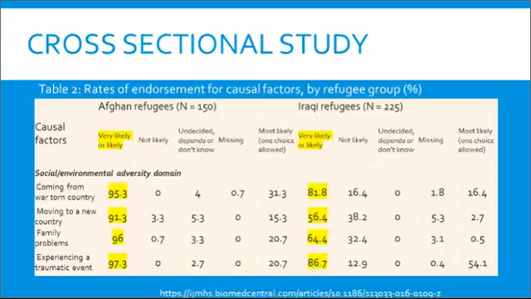One thing I want to point out in this table is that we don't see any p-values. There wasn't any inferential statistics comparing the outcomes of the two different groups. Sometimes in cross-sectional studies we will see p-values, but sometimes not.